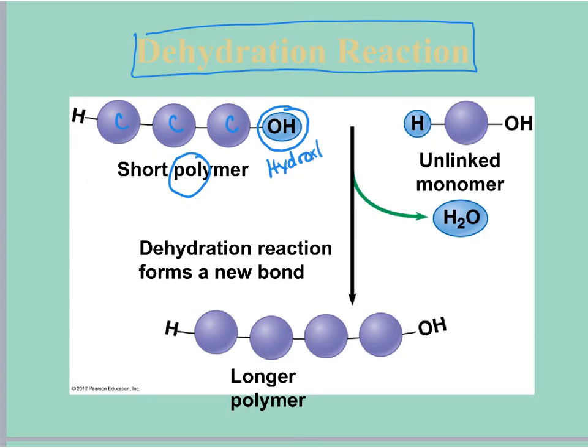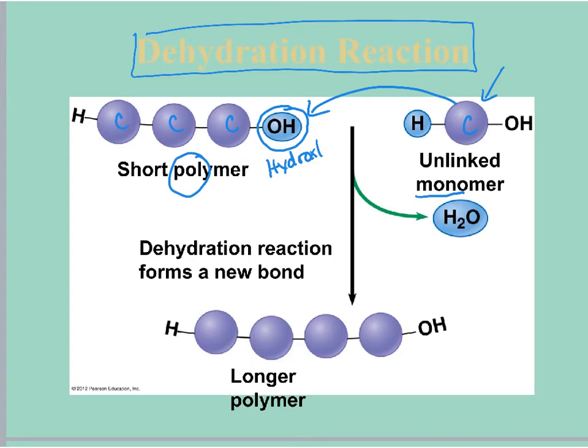And under the right set of circumstances inside of a cell, what may happen is that this monomer, this unlinked, meaning it doesn't have any other carbons, it's just that one carbon, that's what mono means. This unlinked monomer is going to join with that short polymer. But in order for that to happen, some atoms need to be removed from each one of those existing molecules.